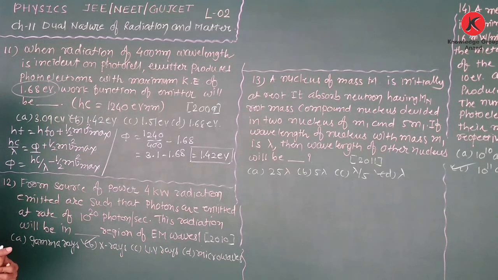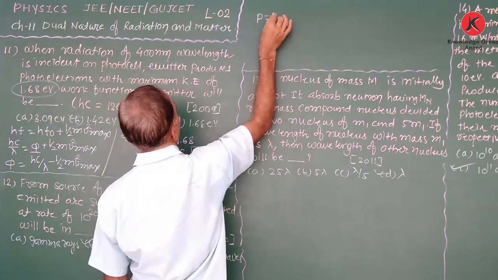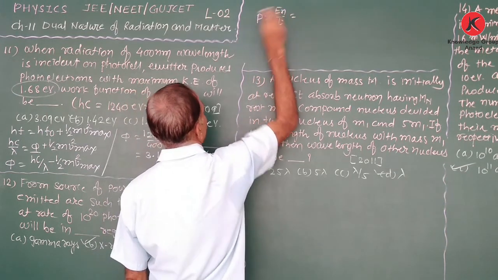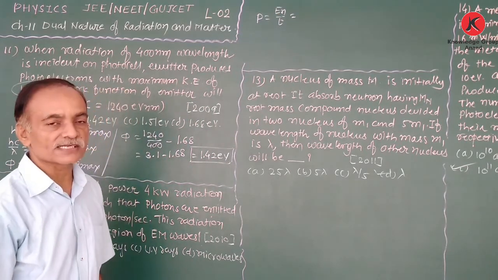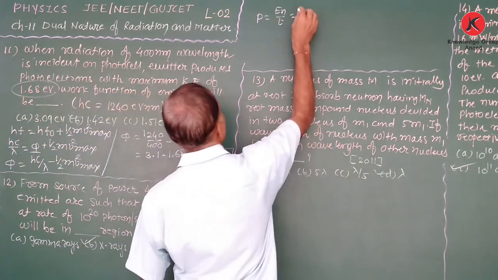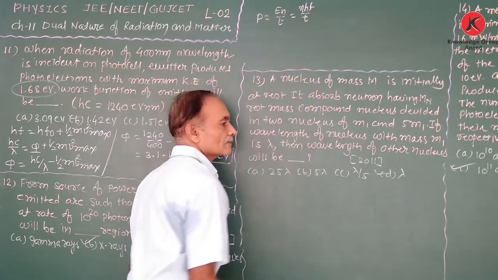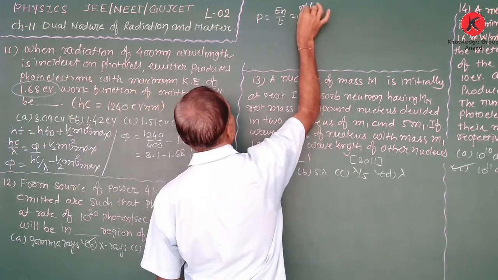So we can judge in which region of the electromagnetic spectrum this radiation lies. For that purpose, we know that the power P is equal to total energy upon time, E upon t. But for total energy, suppose n photons are emitted, therefore n h f upon t. So here n upon t is given.